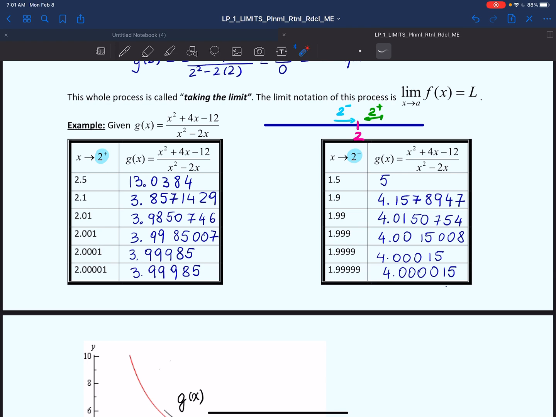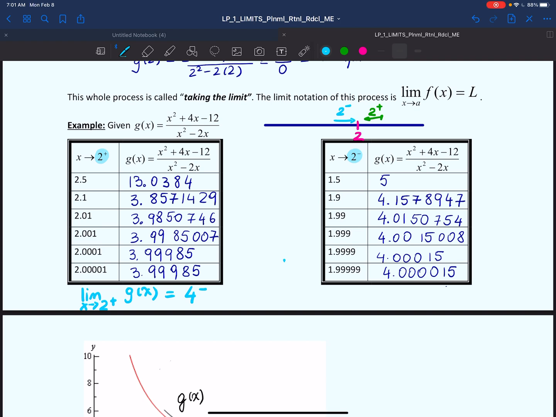So we got 3.99985. So in this case, we're going to say that the limit of g of x as x approaches 2 from the right-hand side would equal almost 4, not exactly 4, but a little less than 4. So we say 4 minus.